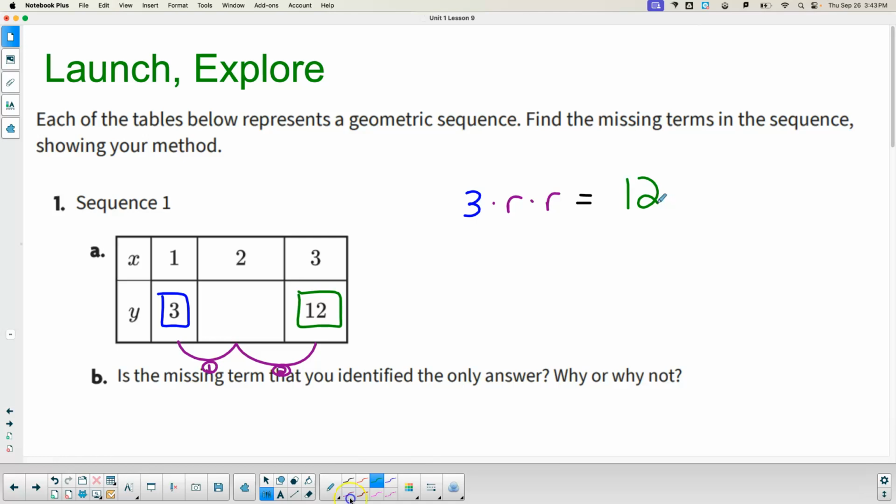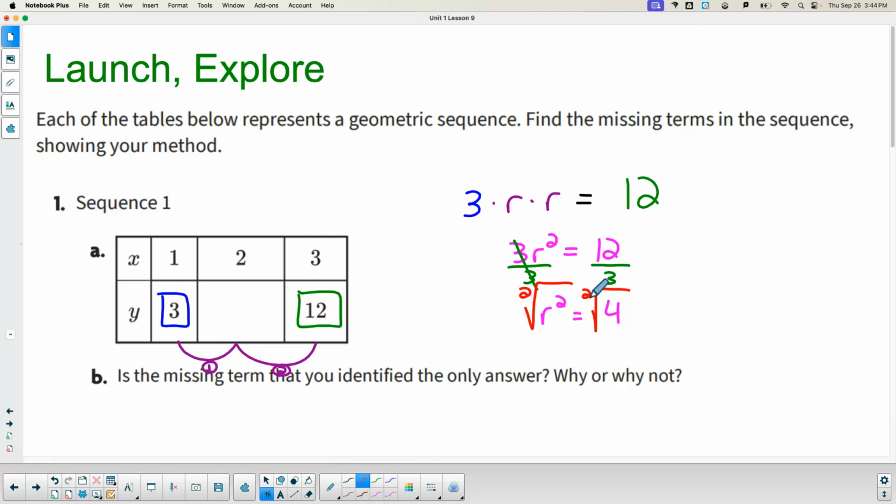Mathematically, we can make this look nice and pretty. We can say that this is 3r squared equals 12. That allows us to divide both sides by 3, canceling out there. 12 divided by 3 is 4, so that gives us r squared is equal to 4. Now we're going to do something called square rooting, or taking the root. We take the square root of both sides.